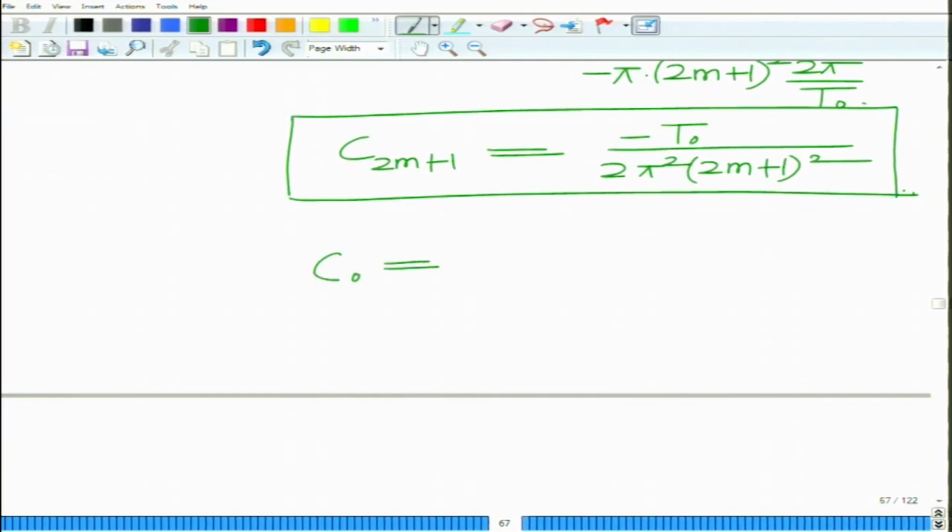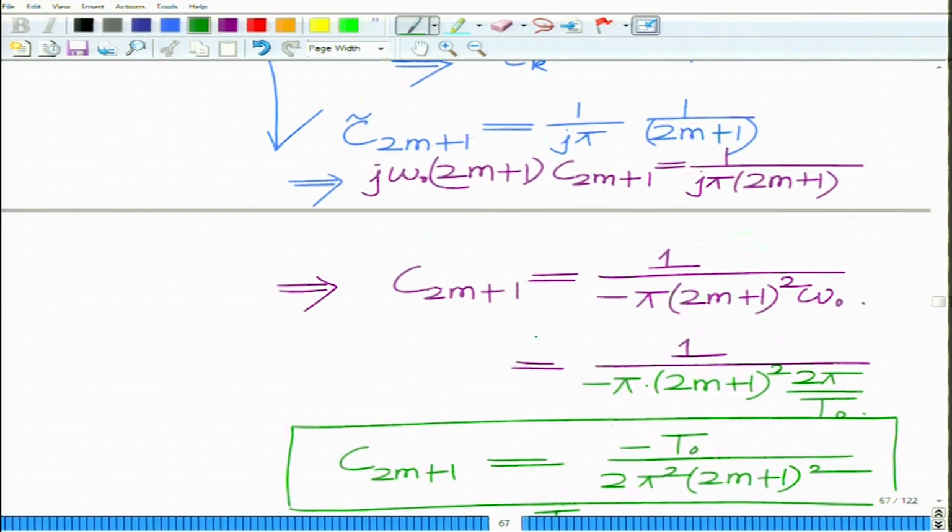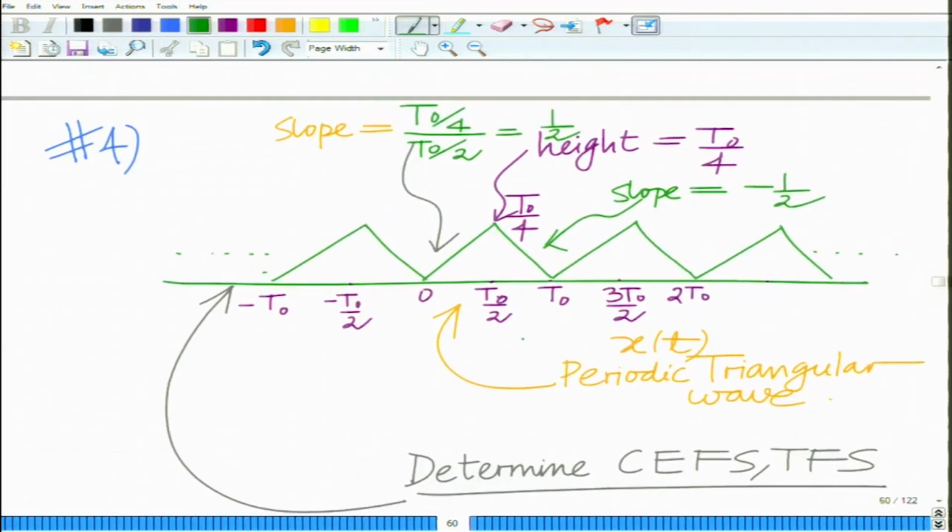equals 1 over T naught integral 0 to T naught x t dt, which is 1 over T naught times the area under x t. This is a triangular wave in an interval of duration T naught.